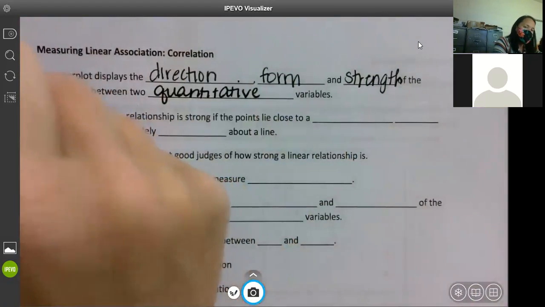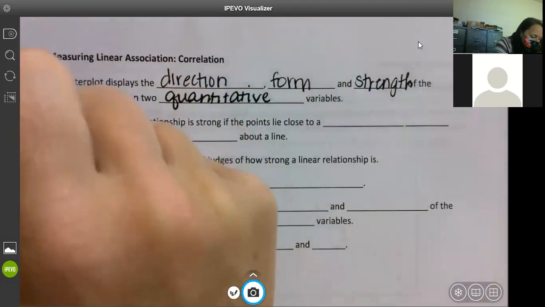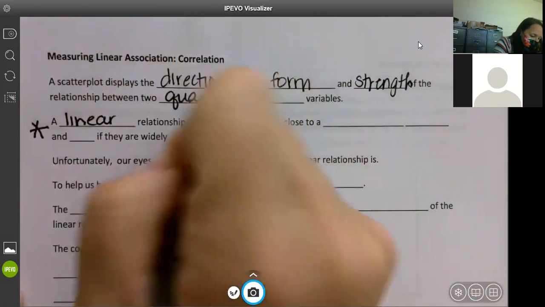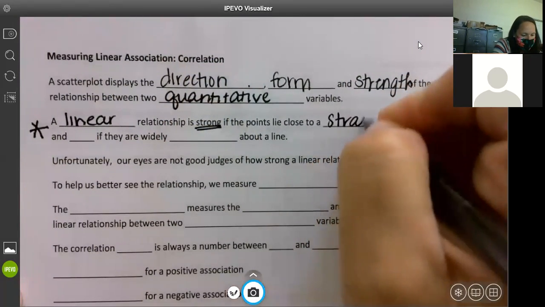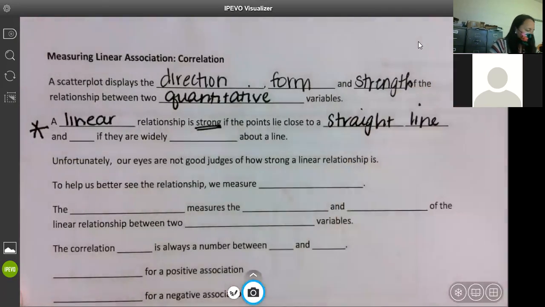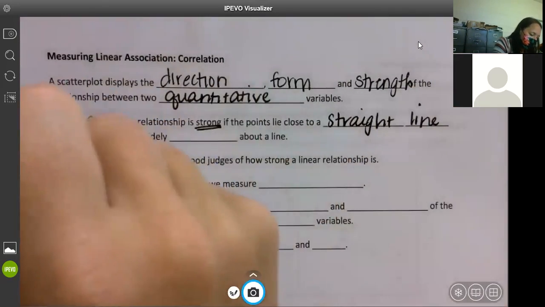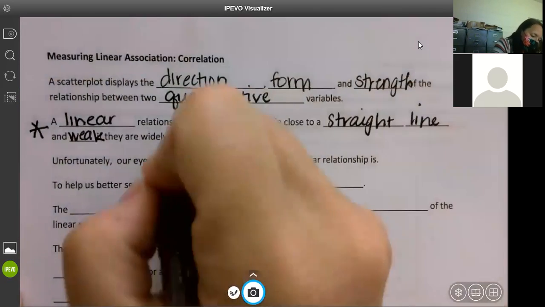You need to know this. A linear relationship is strong if the points lie close to a straight line, and weak if they are widely scattered.